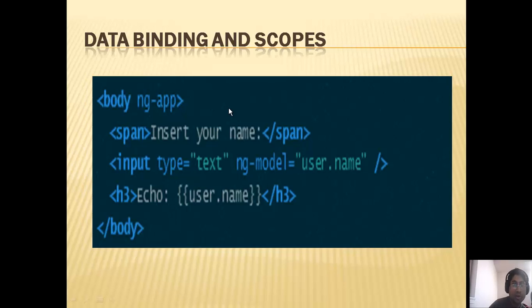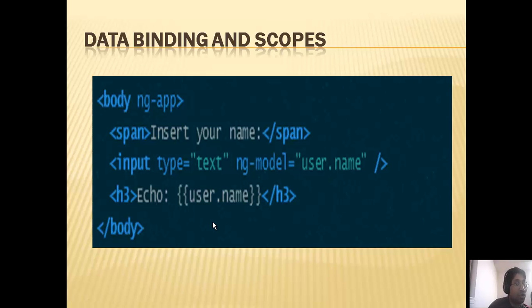So here there is ng-app. It is just telling that this body, start and end, is under Angular, and this will be treated as an Angular application. So Angular will work with this. Not necessarily does it have to be on the body. You can put it on the HTML, or you can even put it on a single section with a div or some other control.